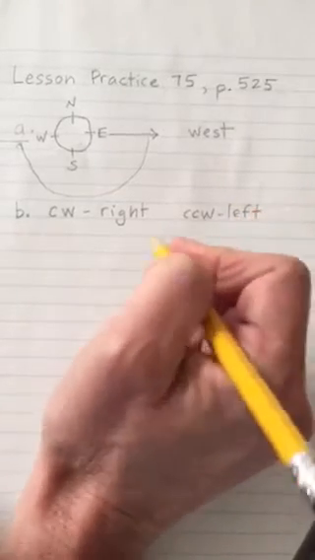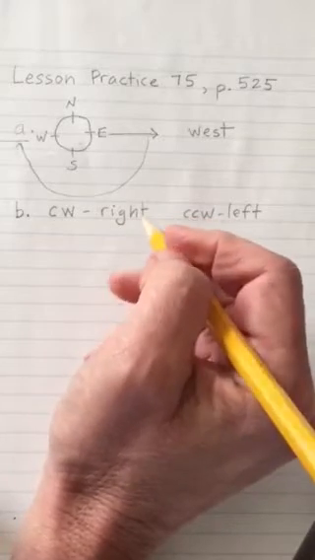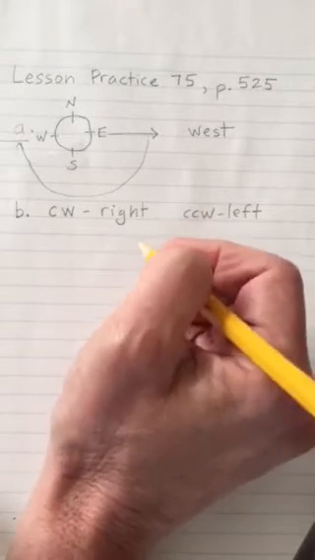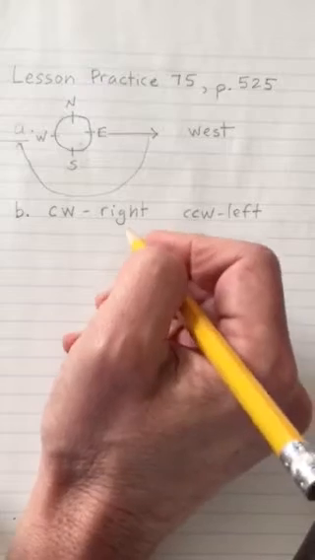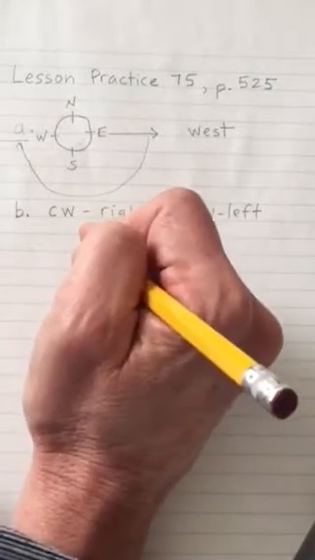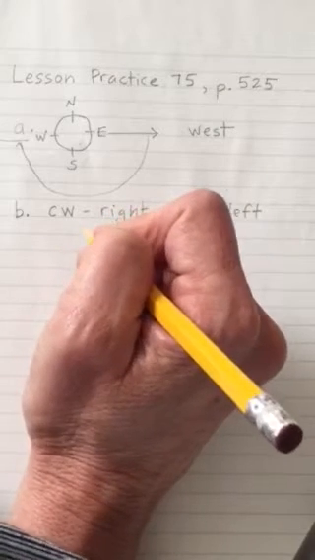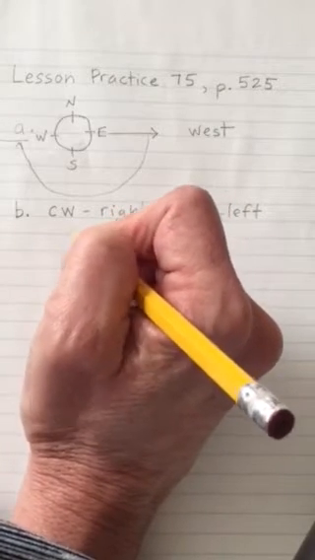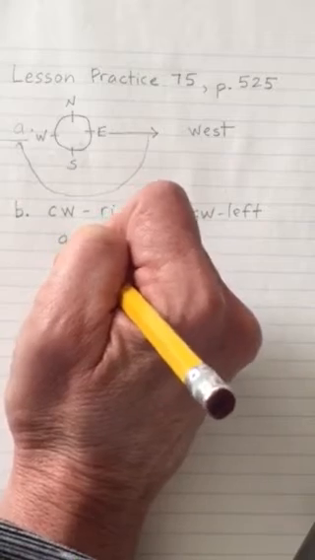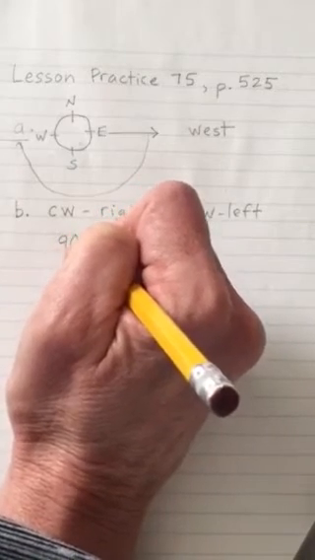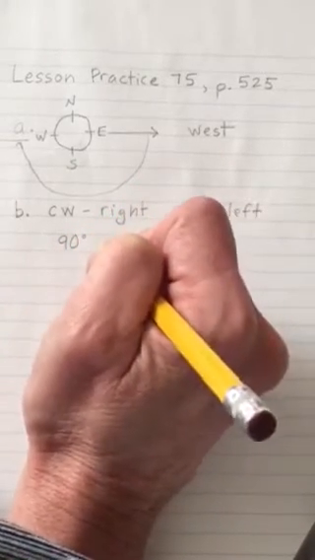Okay, so for B it says a quarter turn to the left. So a quarter of a circle is 90 degrees. So a quarter turn to the left would be 90 degrees. And we write 90 with this little circle for degrees, counterclockwise.